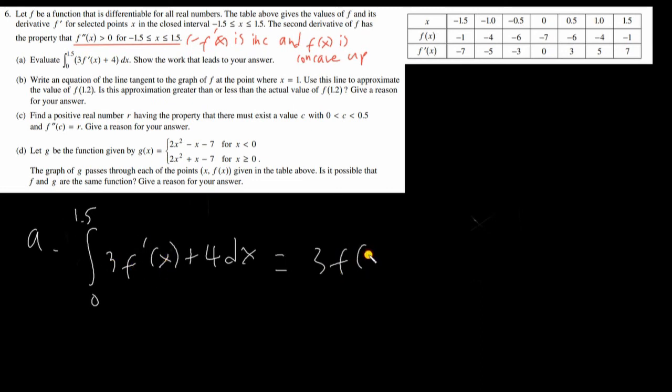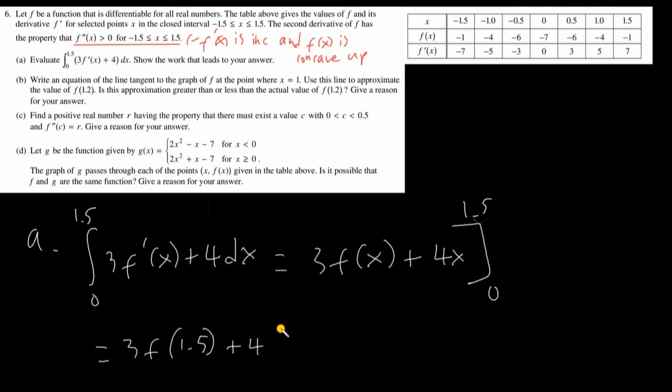So this is going to be 3f of x plus, and the integral of 4 is 4x. And we're doing this whole thing from 0 to 1.5, right? And that's equal to 3 f of 1.5 plus 4 times 1.5 minus 3 f of 0 minus 4 times 0, which is 0.